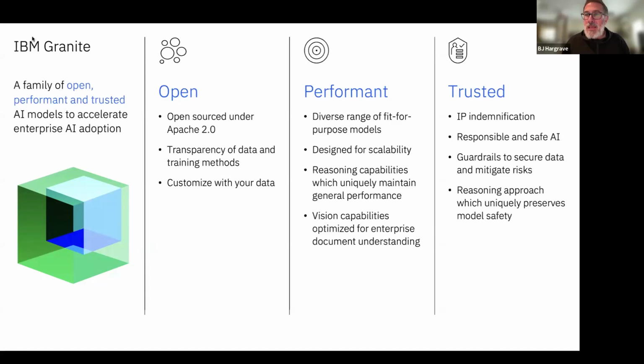You can turn that on and off in your request to the model so that it acts accordingly, because sometimes queries are pretty straightforward and don't need to be reasoned. Other times you want to see the chain of reasoning that led the model to the answer. And we've also recently added some vision capabilities, where the Granite model can understand an image and extract useful information out of that image as an image-to-text mode of operation.